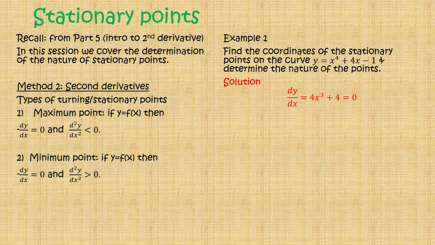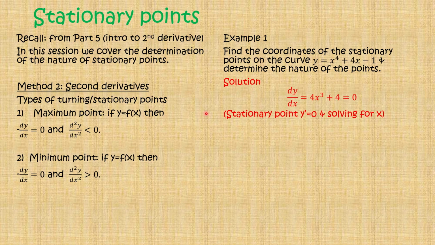So the solution: we first find the first derivative, dy/dx, which is 4x cubed plus 4, equal to 0. We equate this to 0 because we know that if this has stationary points, we must have the first derivative being equal to 0, which was the first condition that we looked at on the left-hand side.